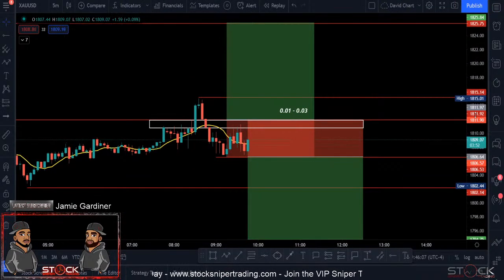Okay, so let's see what's going to happen with gold here. All right, so that's a strong candle, guys. That's a bullish engulfing candlestick, okay?